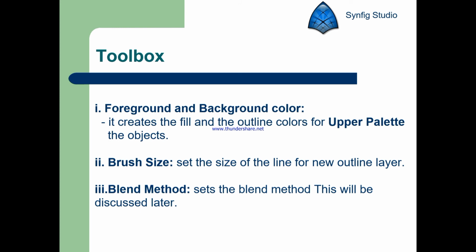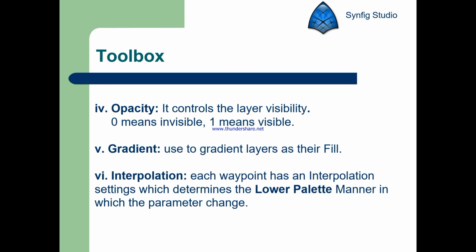Then we have opacity. Opacity stands for visibility. 0 means invisible and 1 means visible. If you press 0, it means invisible. If we take the option 1, it means totally visible.